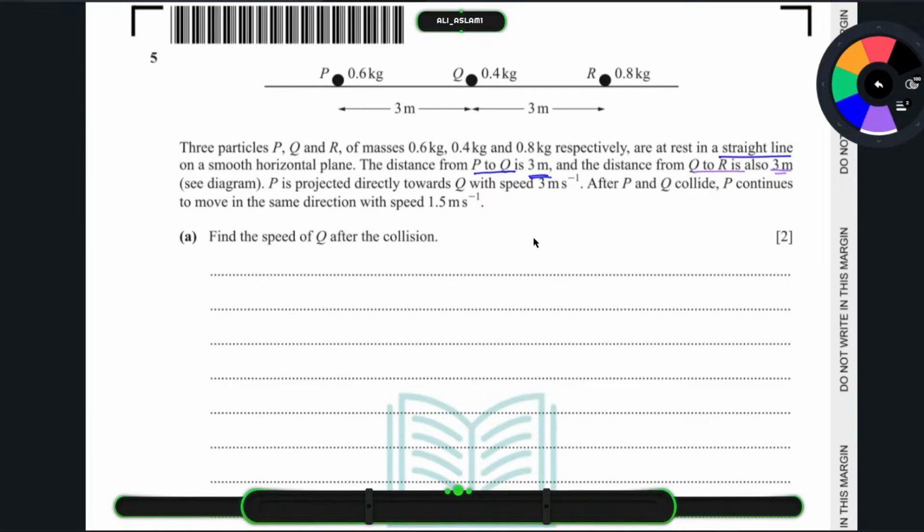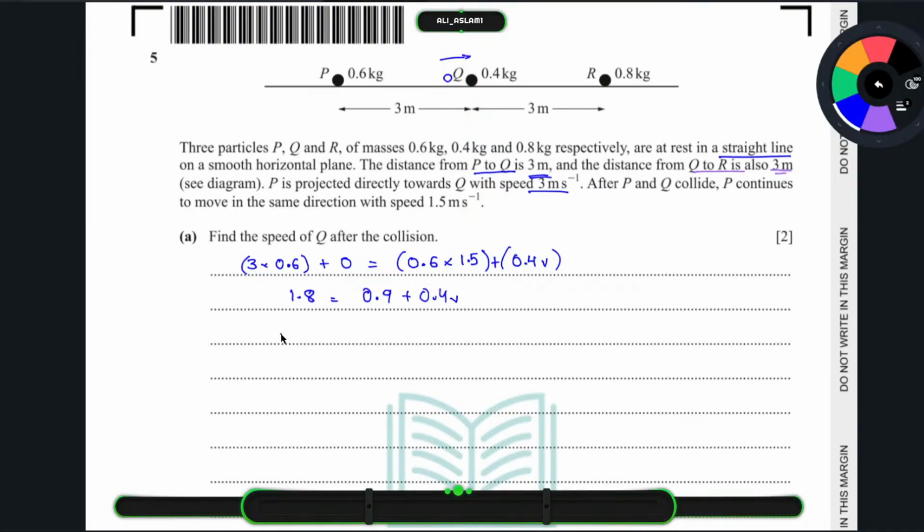So I think we are supposed to apply the principle of conservation of momentum. So speed 3, so 3 into 0.6 plus 0 is equal to, P continues to move in the same direction, so that would be 0.6 into 1.5 plus 0.4 V. So 3 into 0.6 is 1.8. 0.6 into 1.5, that is 0.9 plus 0.4 V. 1.8 minus 0.9 divided by 0.4, that is 2.25.